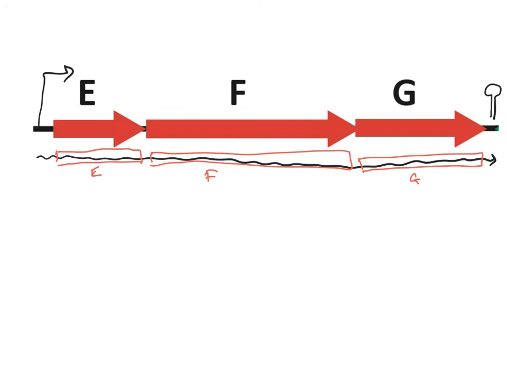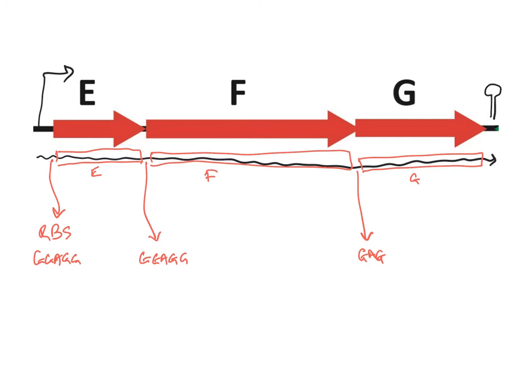So that means that upstream of each of those genes, there'll likely be a ribosome binding site. Now, ribosome binding sites aren't always exactly the same. Some are a little bit more efficient than others. So perhaps this one just has GAG up in front of it rather than the more efficient GGAGG.